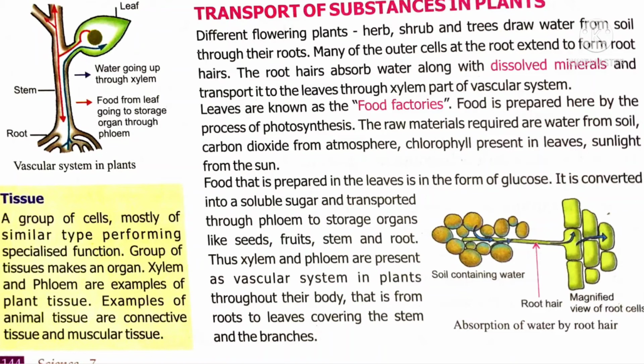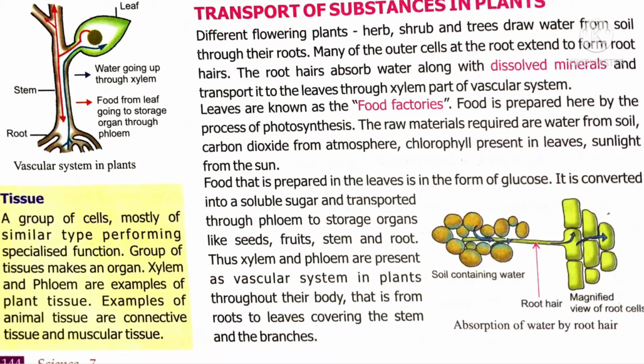You know that leaves are known as the food factory of the plant. What is the reason behind this? Because leaves of the plant prepare food by the process of photosynthesis. For preparing food, the leaves require chlorophyll, sunlight, carbon dioxide, and water.